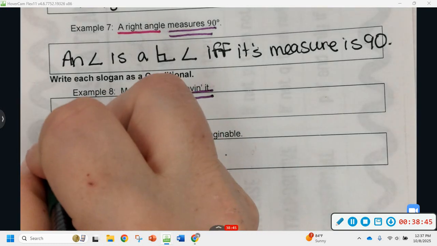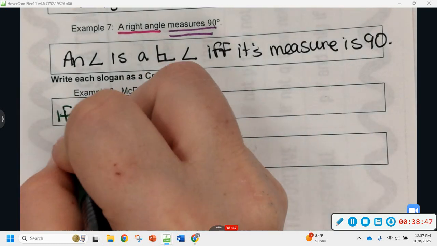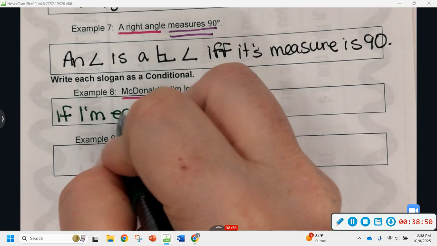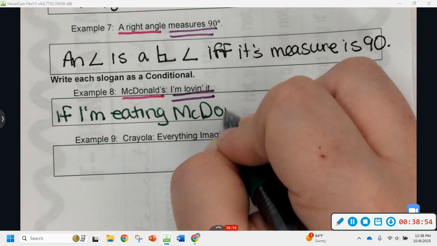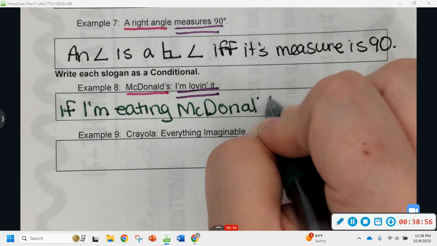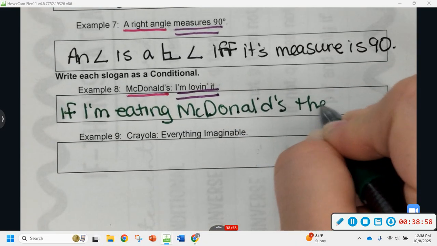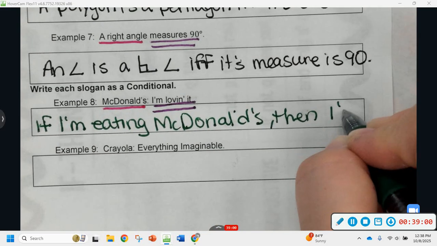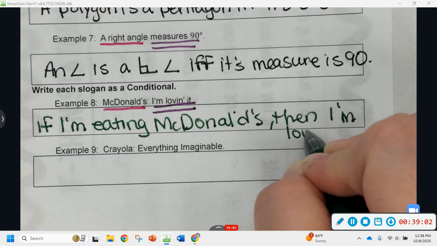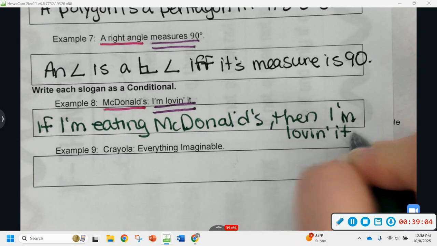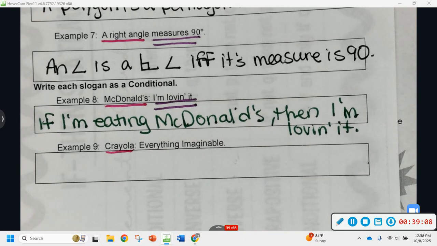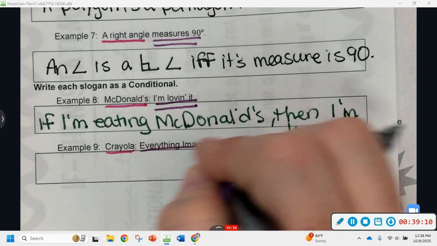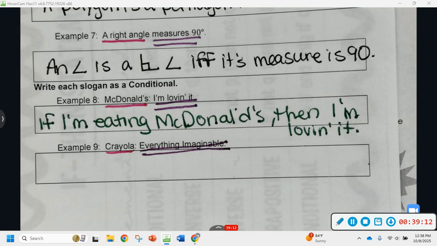So maybe if I'm eating McDonald's, then I'm loving it.